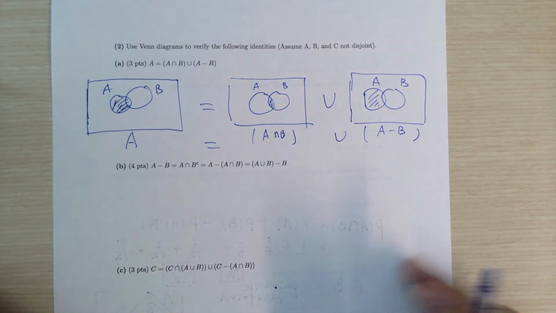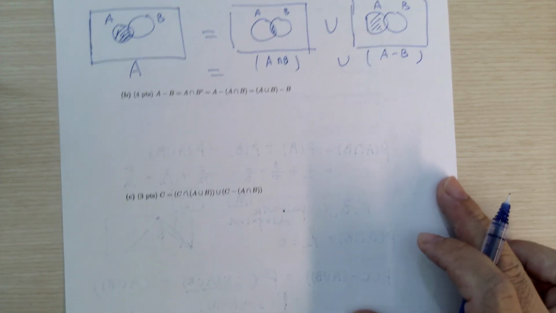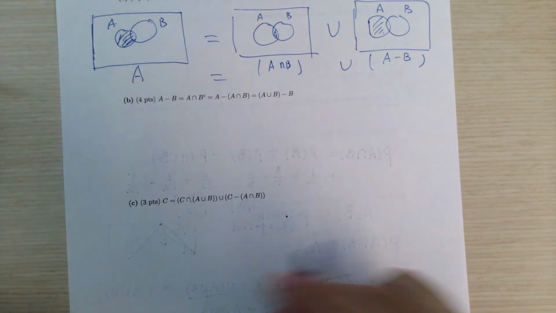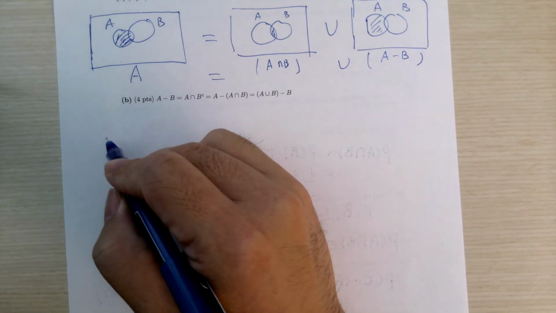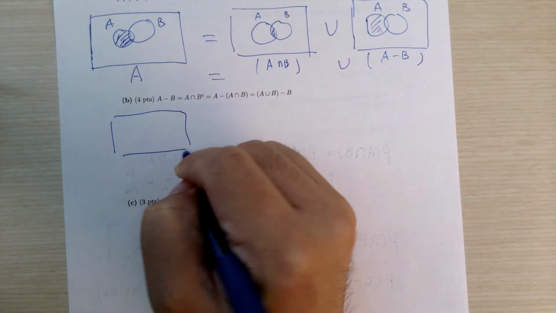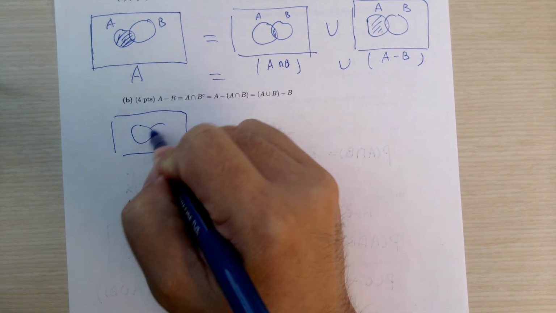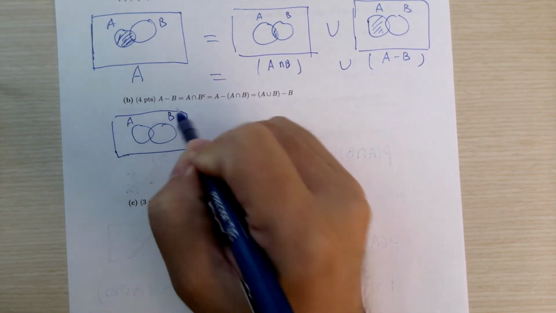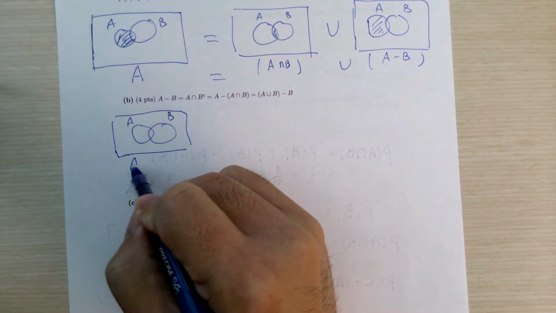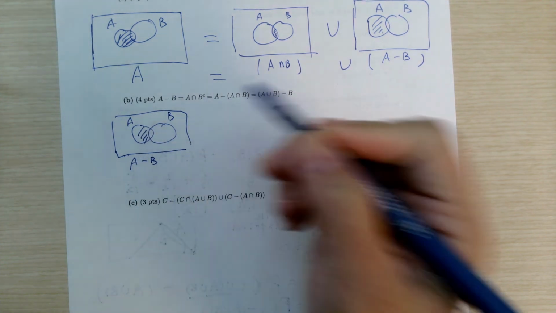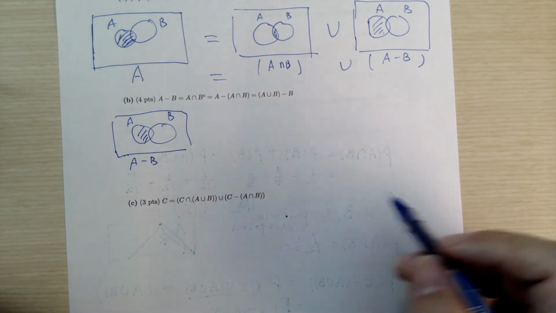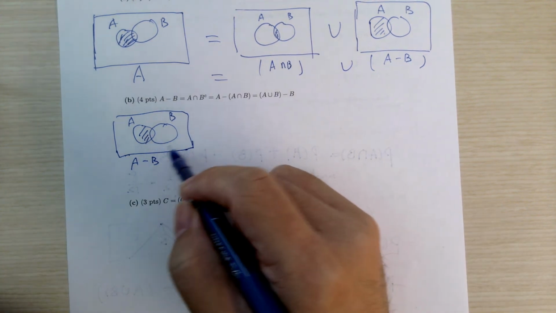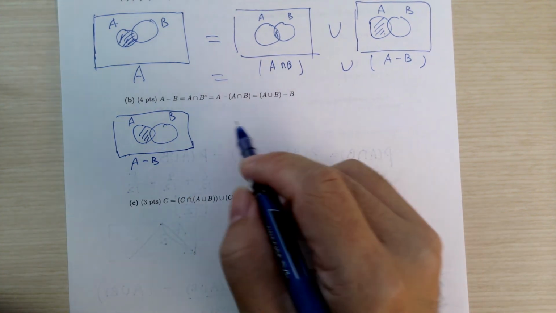That's how we represent this part. A minus B lies here, right? So that's one thing we can think about.